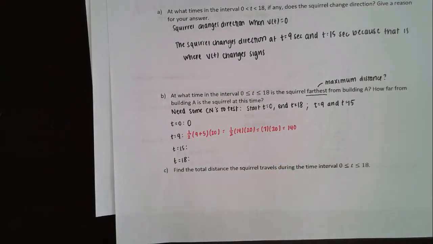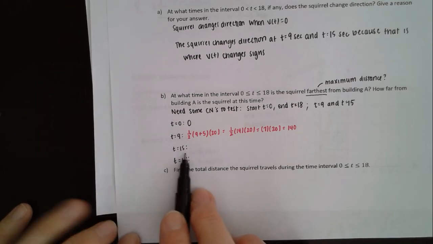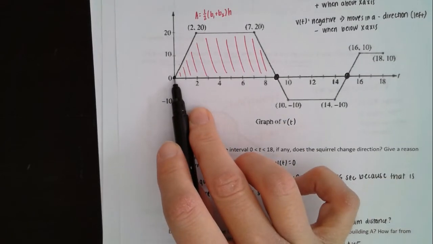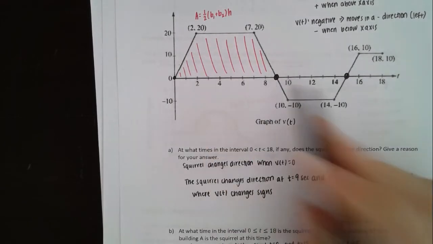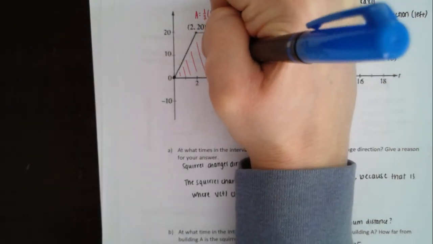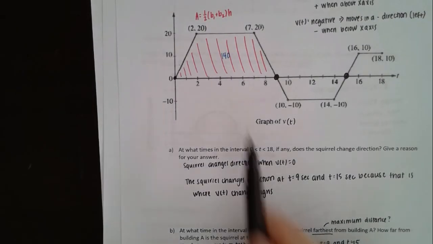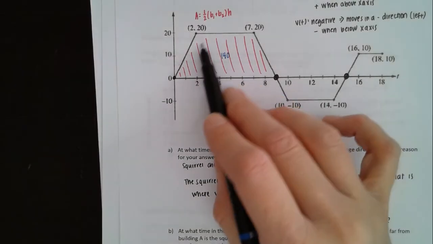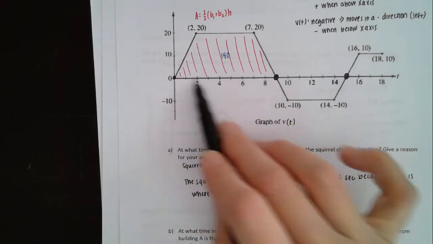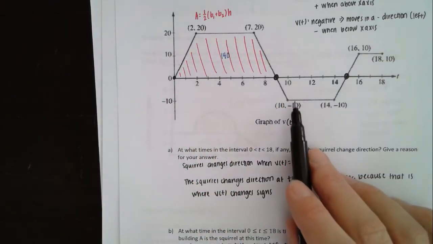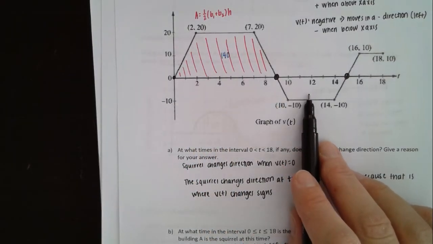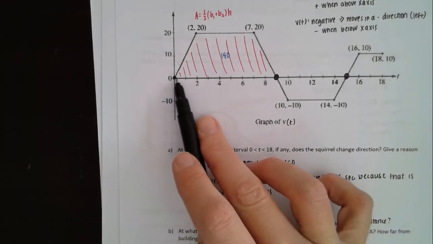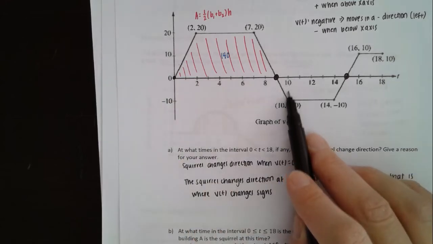Then I want to calculate the distance that the squirrel has moved at t is equal to 15. We already know that from t is equal to 0 to t is equal to 9, we've moved 140 units. Here's where the area below comes into play. The area above is always going to be a positive area. But down here, if we calculate the area of this trapezoid, you'll notice that your height is now going to be negative, because this distance from 0 to -10 gives us a negative height.